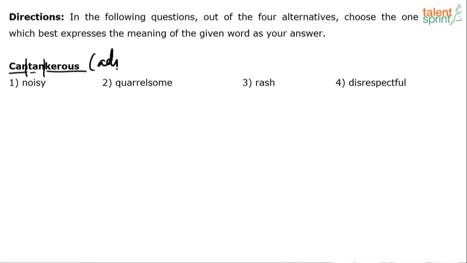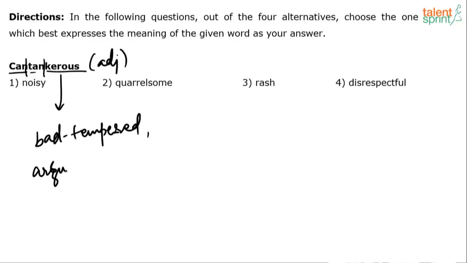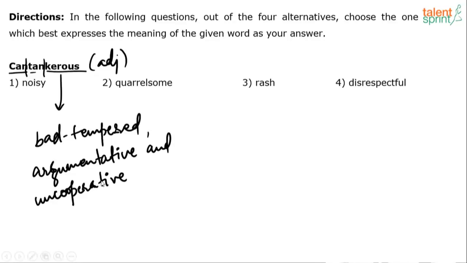Cantankerous is an adjective which means someone who is bad-tempered, argumentative, and uncooperative. So someone who is very rude to people, and you can say he has a cantankerous attitude.